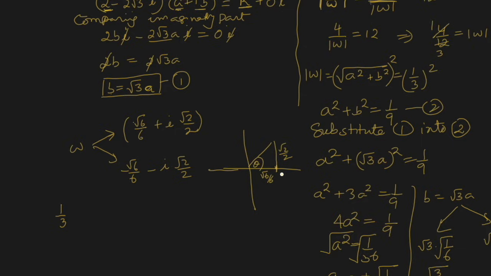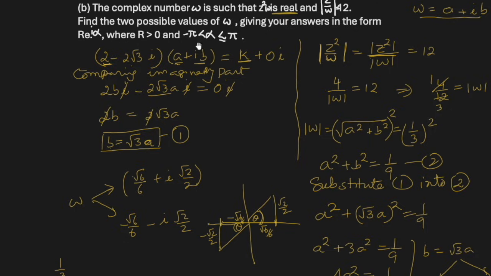For this one, it will be negative square root 6 over 6, and this also negative square root 2 over 2. So you can see that this angle and this angle will be exactly the same. So I'll find just one of them, and then I'll manipulate to find the angle from minus pi till pi. This is what they're saying.